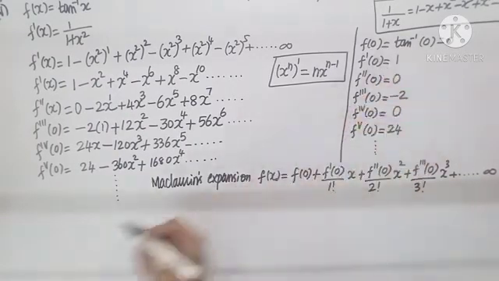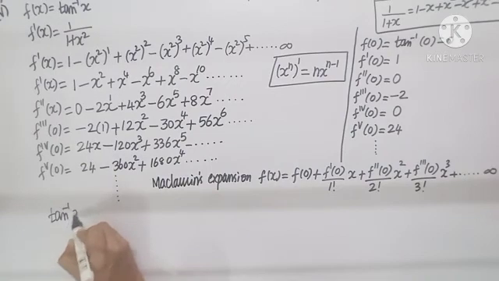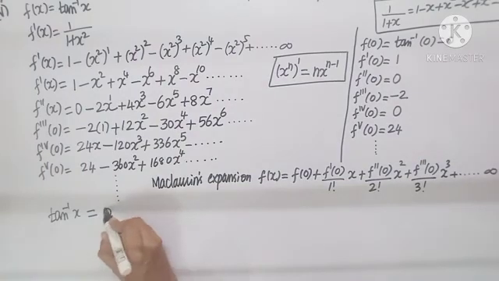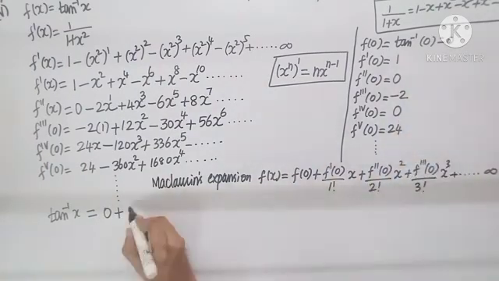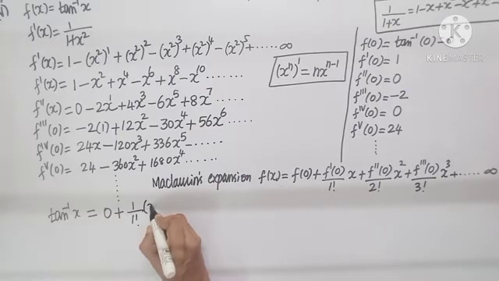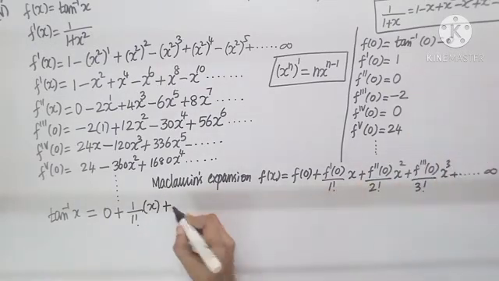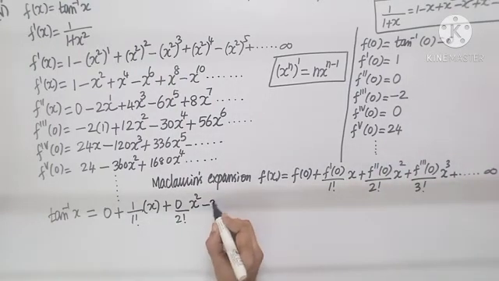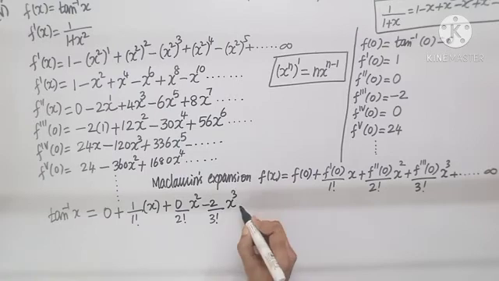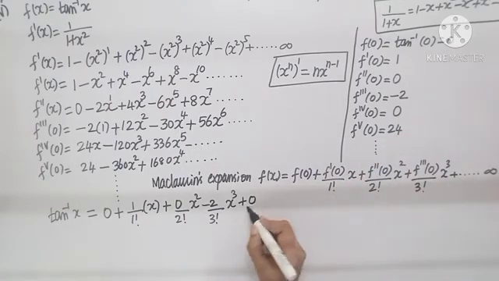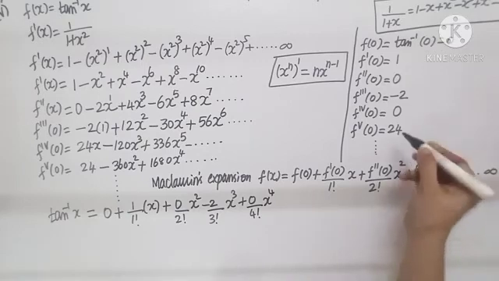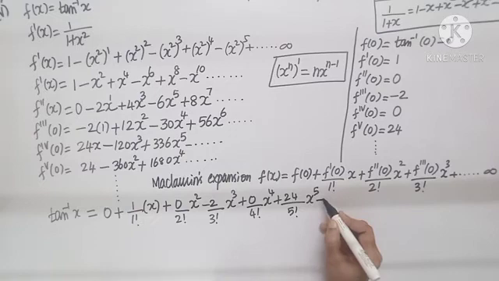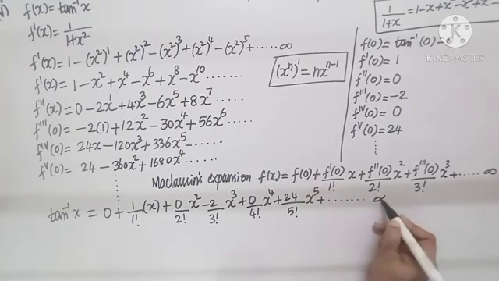F of x is tan inverse of x equals f of 0, 0, plus f dash of 0, 1 by 1 factorial into x plus 0 by 2 factorial into x square minus 2 by 3 factorial into x cube, 0 by 4 factorial into x power 4, 24 by 5 factorial into x power 5 and so on up to infinity.